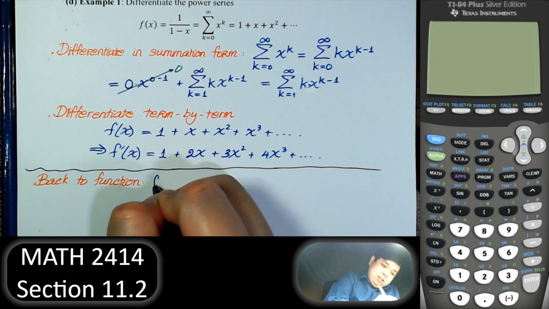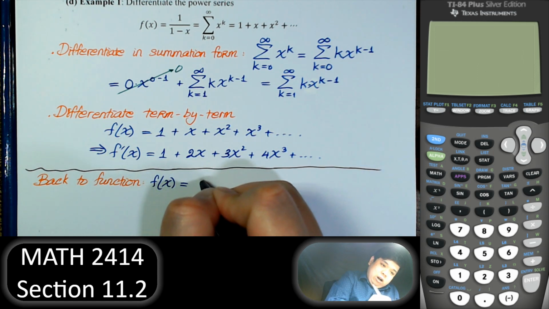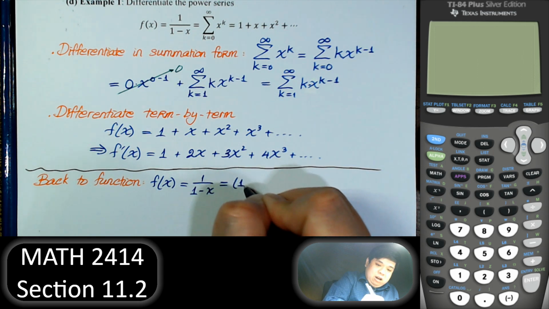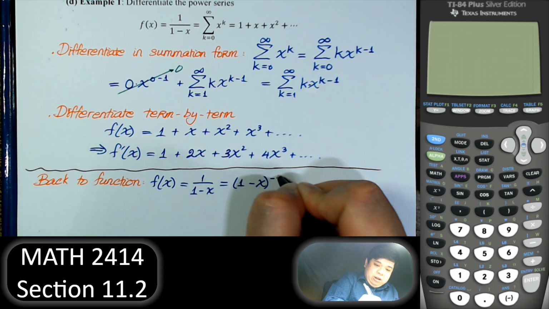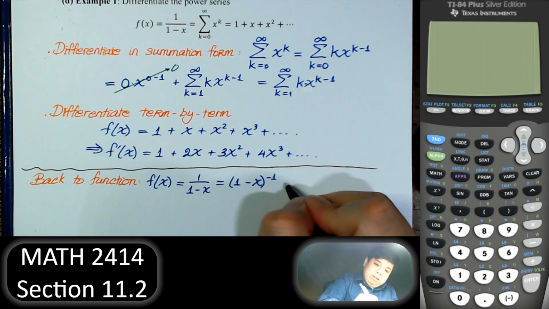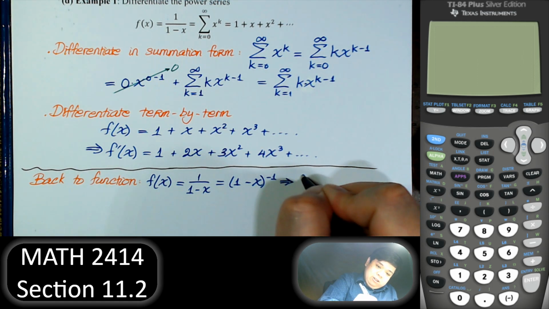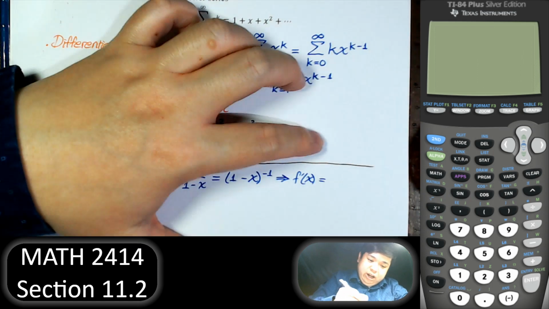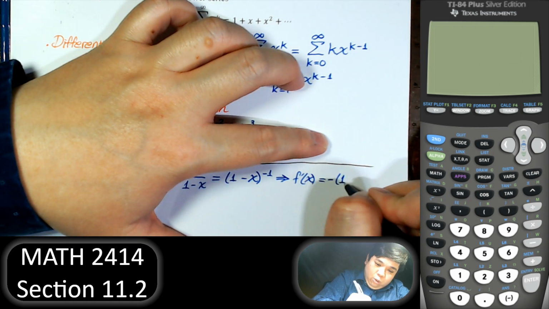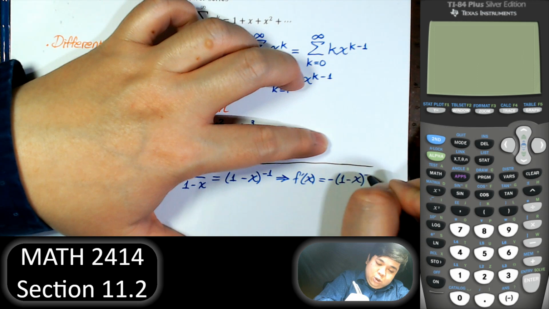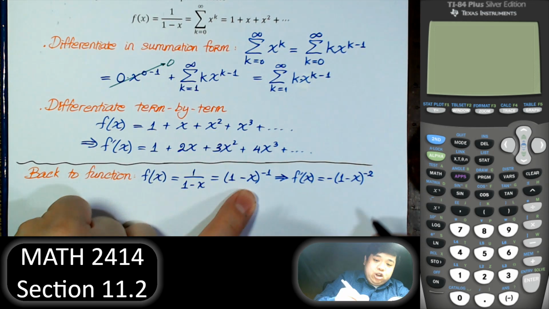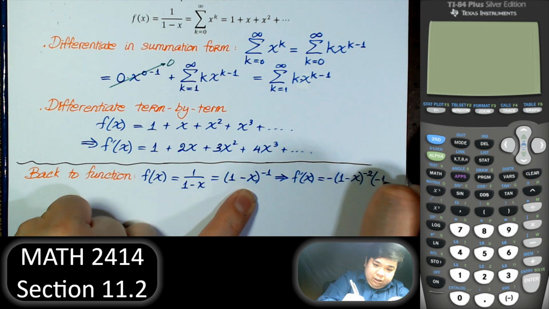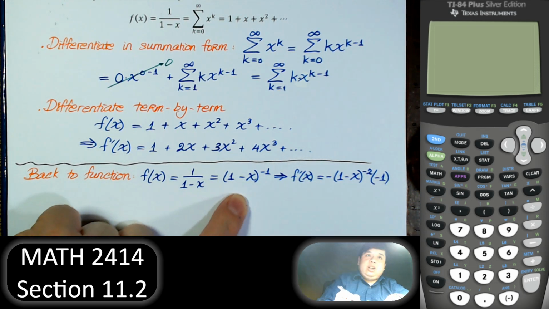We have f of x equal to 1 over 1 minus x, or we can say (1 minus x) to the negative 1. I will take the derivative. That will be negative 1 times (1 minus x) to the minus 2, and then the chain rule says the derivative of the inside, which is negative 1.